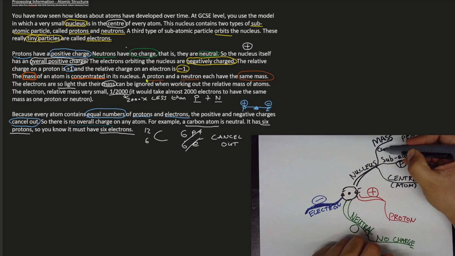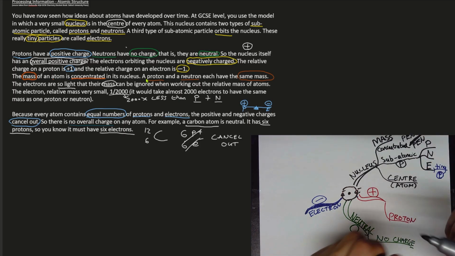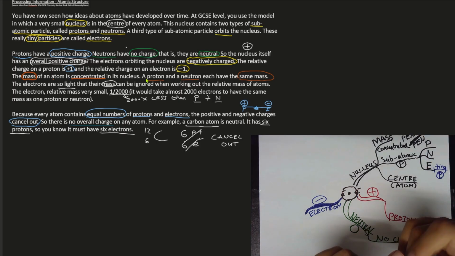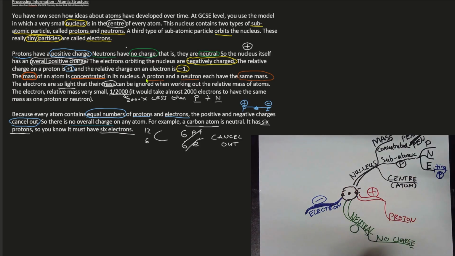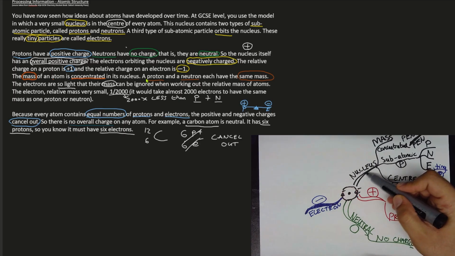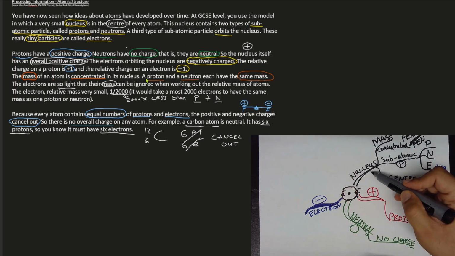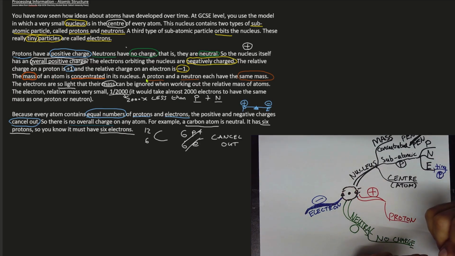So I'm just going to write this a bit smaller for you guys to see, but you can see that the mass is concentrated in the nucleus. And my brain is able to recognize that because I know that I'm talking about the nucleus, it's concentrated in the nucleus. Okay, so that's the way the most of the mass is.